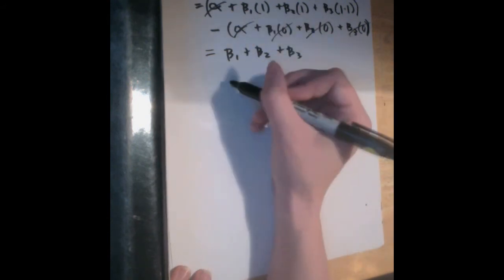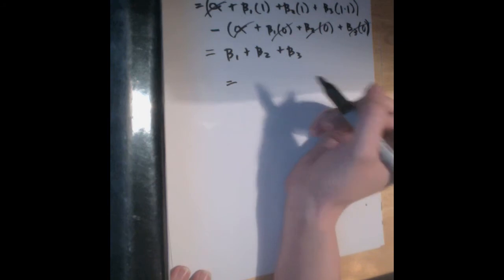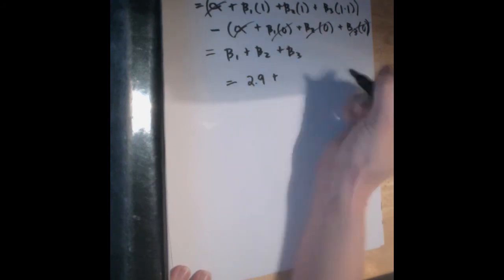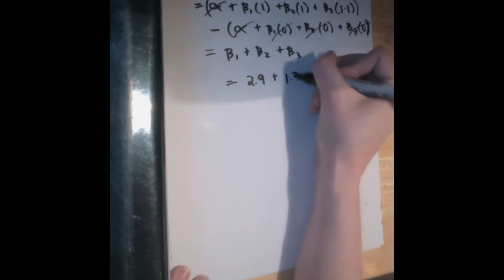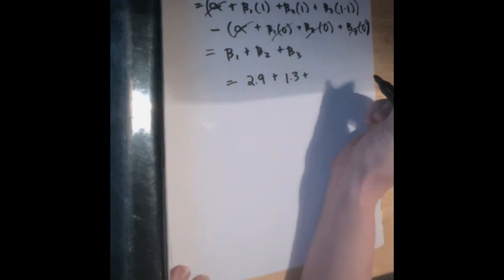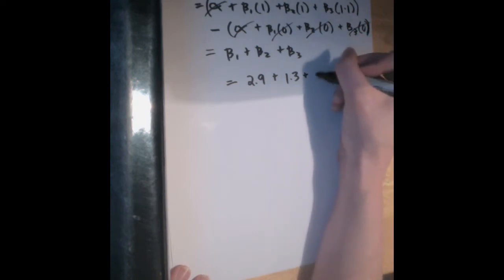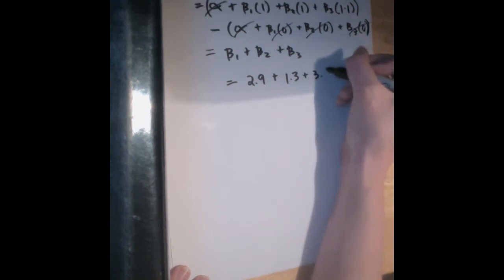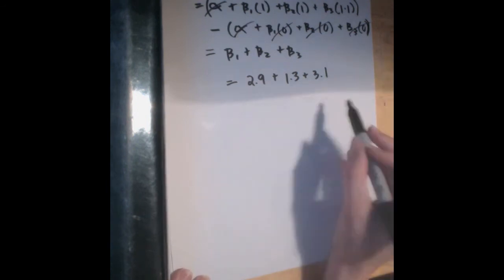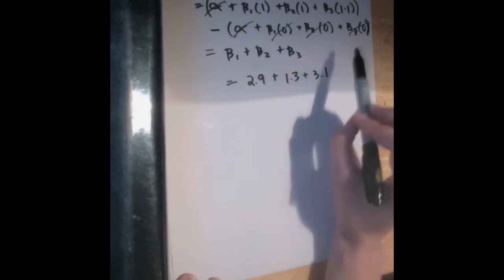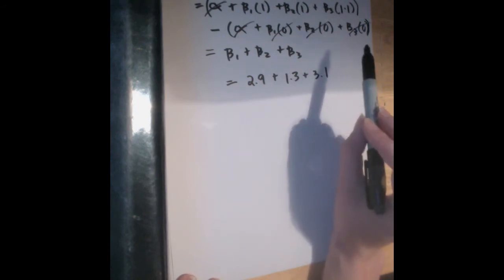So when we add them all together, if we were to add our 2.9 plus 1.3 plus whatever beta 3 happened to be, I didn't write it out in the original model, let's say it's like 3.1, this gives us a new value that shows us what happens when we have the interaction term in our model.